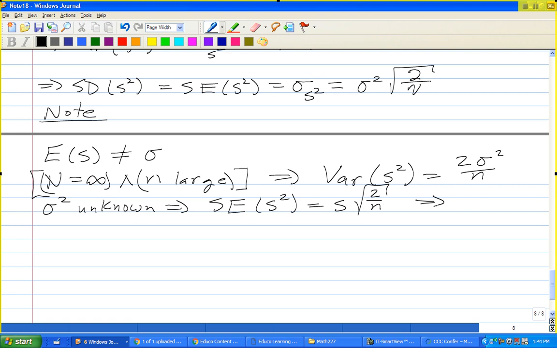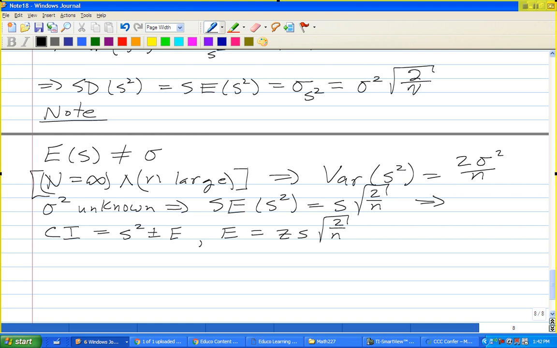So that says that the confidence interval, again, this is for n very large, for the population being infinite and the sample sizes being very large, for estimating the population variance is really nice and symmetric. And it has this form.